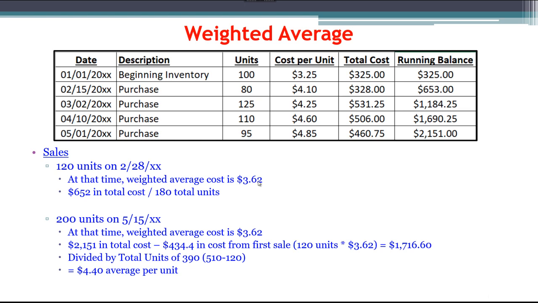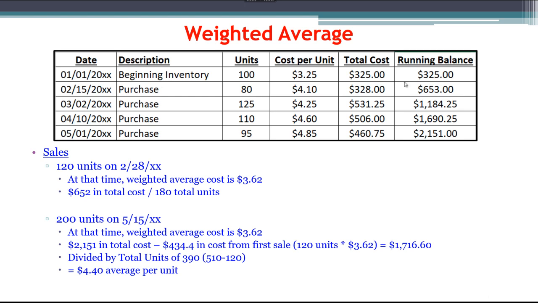Now the problem with weighted average is that once we add in more units and we're trying to make another sale, we need to recalculate a weighted average cost. Initially the weighted average cost was $362 from our last layer. And what we basically do with weighted average cost is we essentially destroy those layers now.